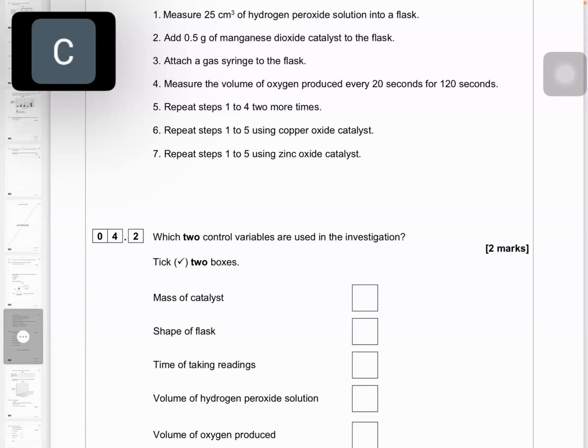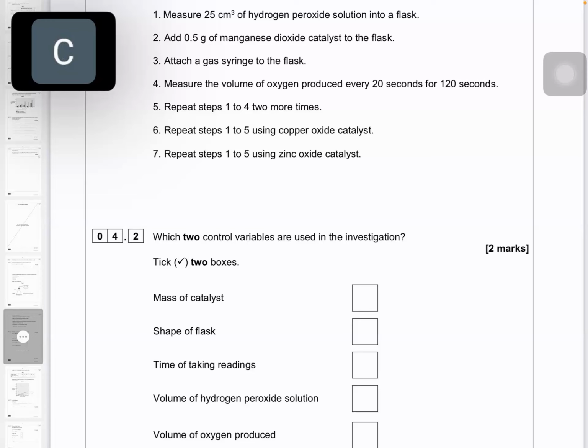We can't go with that because catalysts are designed not to get involved in a reaction. They only speed up the reaction, but they don't get involved in it. So the mass is not something we would be looking out for. So I'll go with the volume of oxygen produced and the volume of hydrogen peroxide.